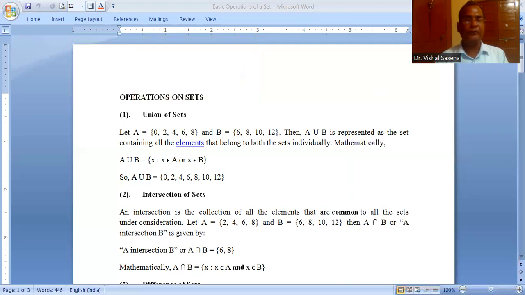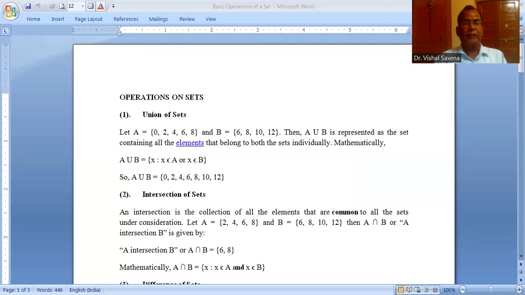Next, we take the next operation on sets, called the intersection of sets. In this operation we see the common elements which lie in the two sets, and that is called the intersection of two sets. It is the set of all those elements which are in both sets A and B. So an intersection is the collection of all the elements that are common to all the sets under consideration.